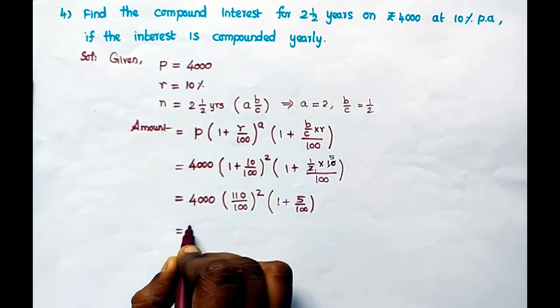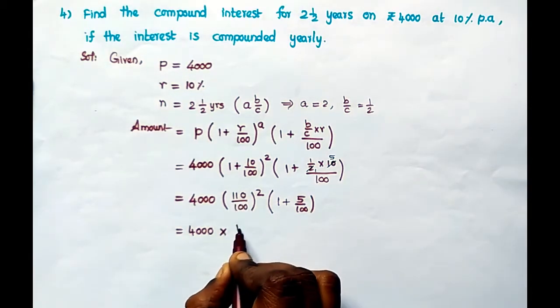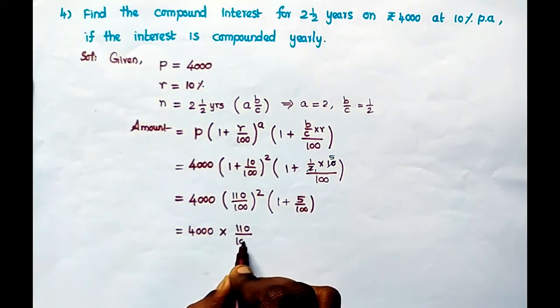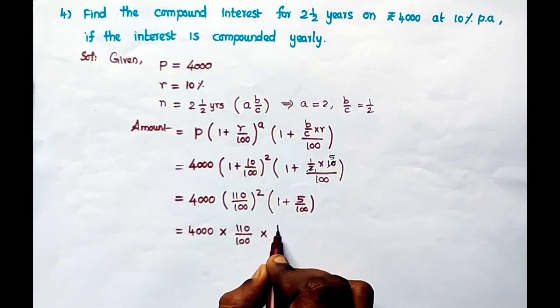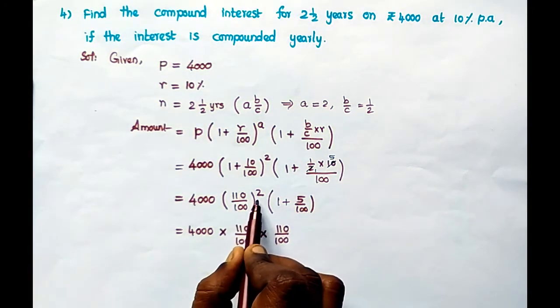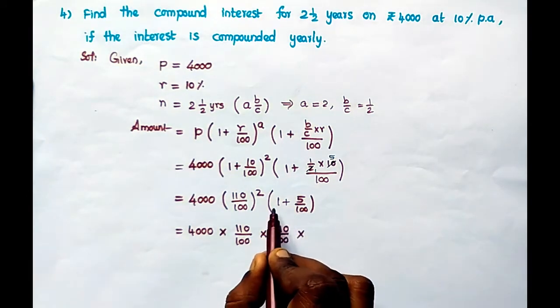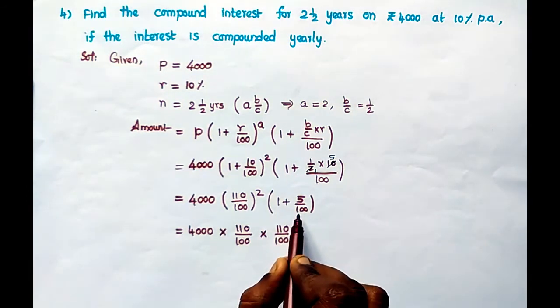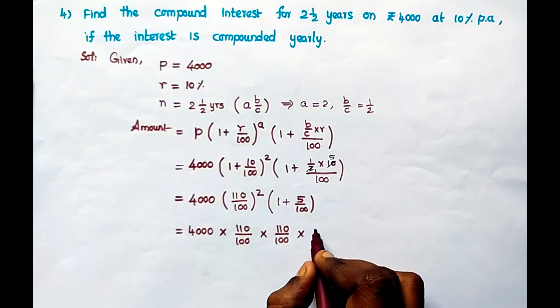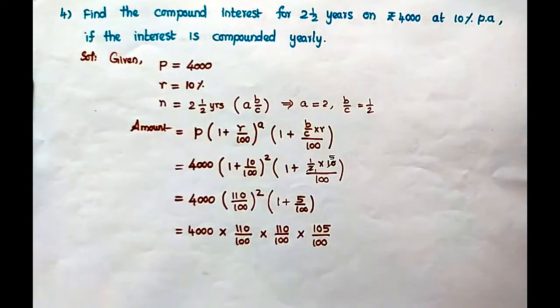Next step, 4,000 into 110 divided by 100 into 110 divided by 100, because it is in square, into 100 plus 5, 105 by 100. Now cancel these numbers.